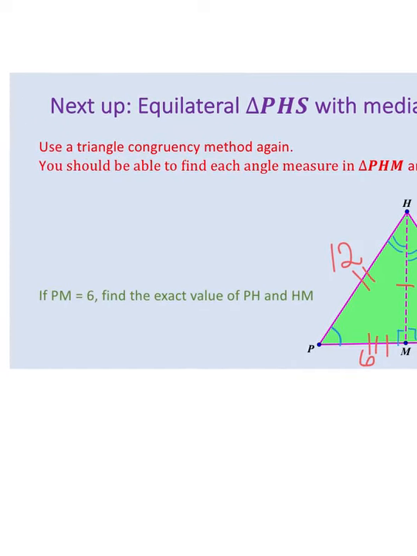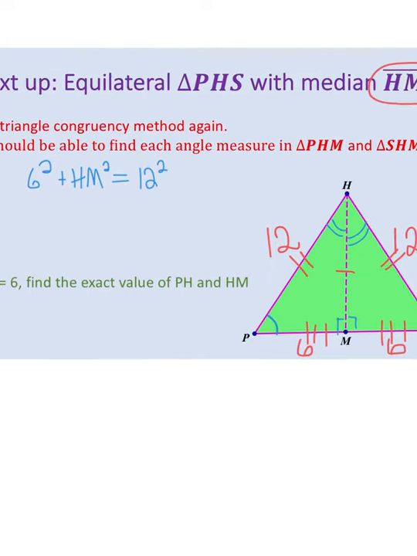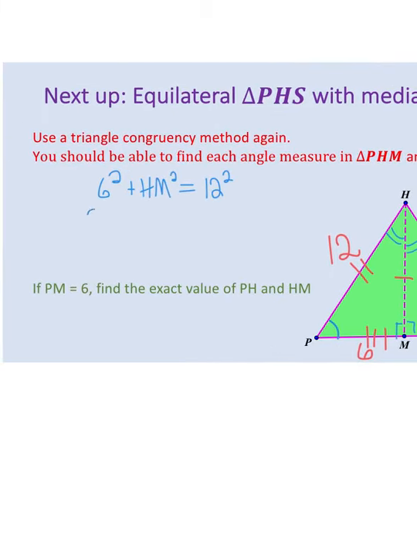Pythagorean theorem. So I would take the leg 6 squared plus the other leg HM squared, sorry, not plus, equals the hypotenuse 12 squared. Okay, so 36 plus HM squared is going to equal 144.